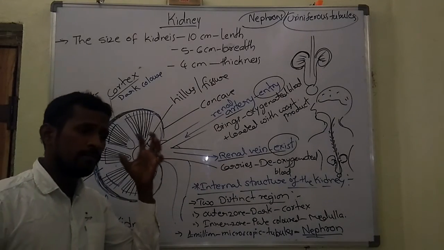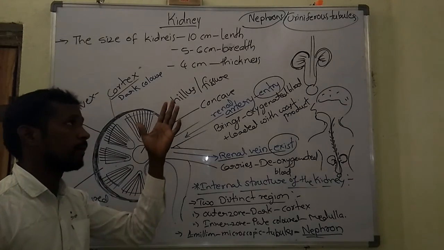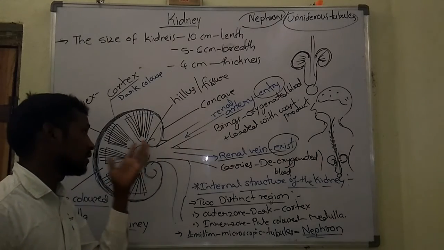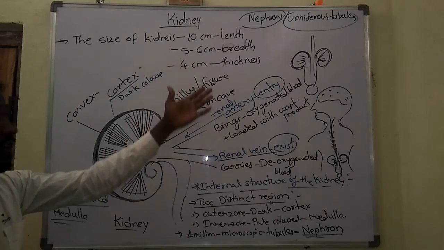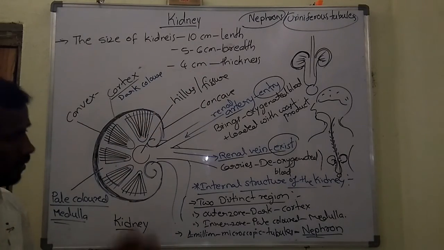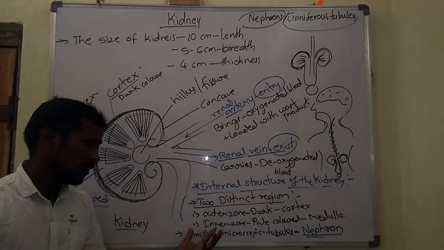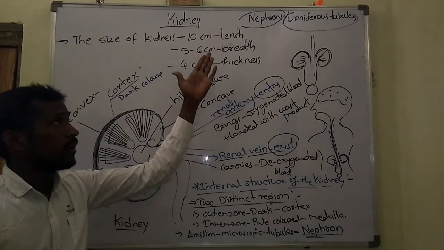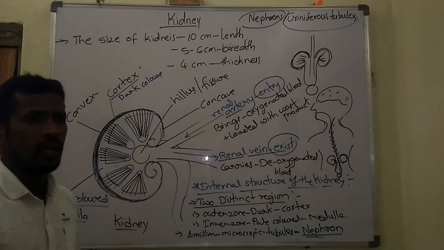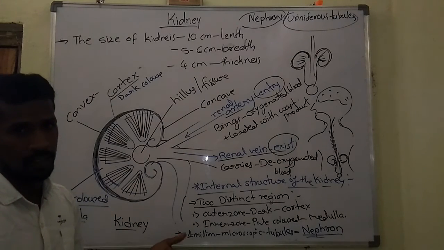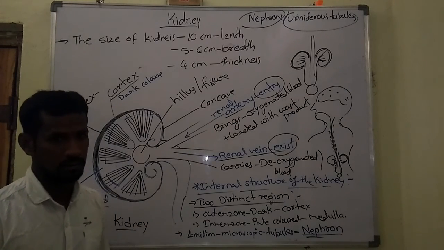A minimum of 1 million microscopic tubules are present in the kidneys. These nephrons make urine in all animals and humans also. In the next class we will discuss the nephron's internal structure, its functions, and how the urinary system makes urine in humans.